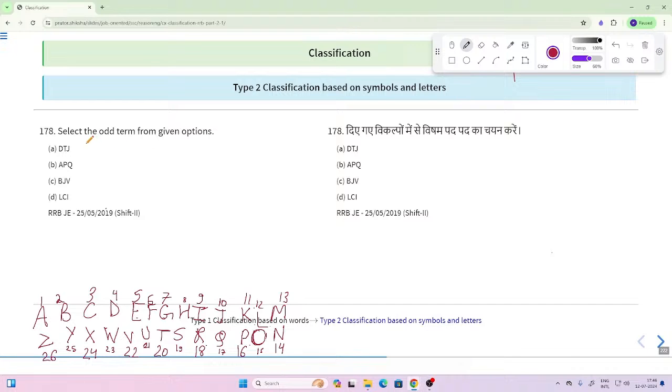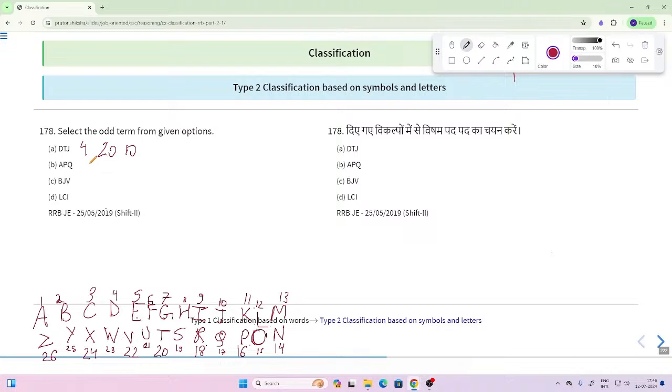D, T, J. D is the fourth letter. T is the 20th letter. J is the 10th letter. Plus 16, minus 10.